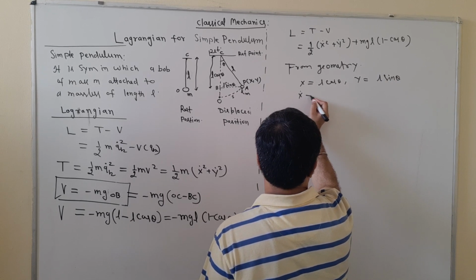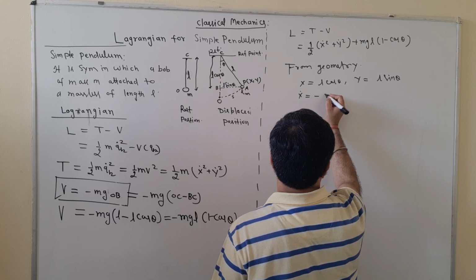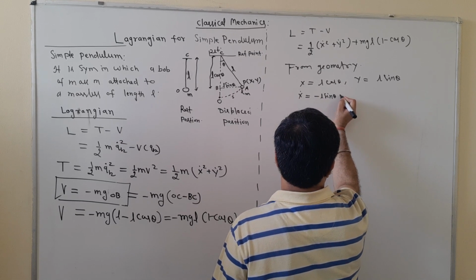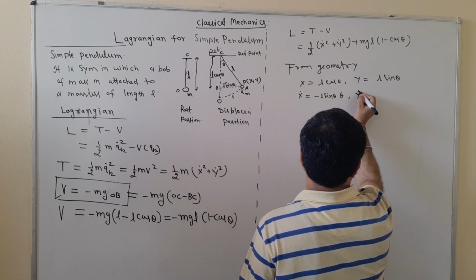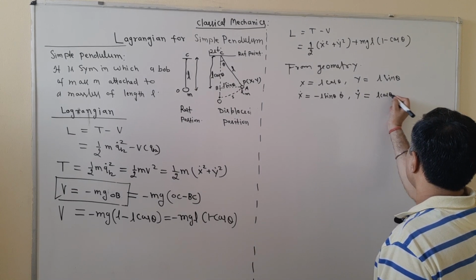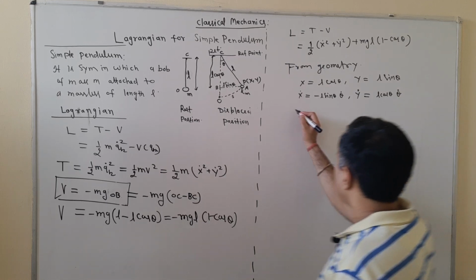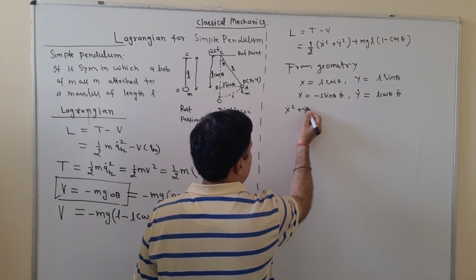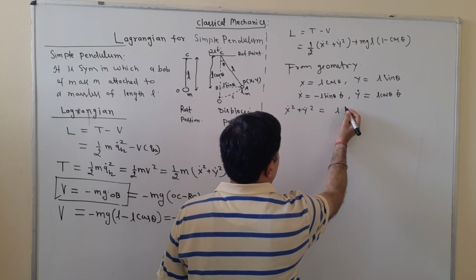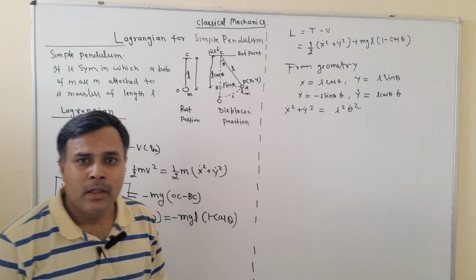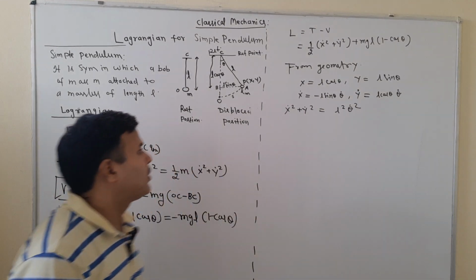And what is x dot? x dot is minus L sin theta theta dot. What is y dot? Differentiating with respect to t, L cos theta theta dot. So x dot square plus y dot square is simply L square theta dot square.